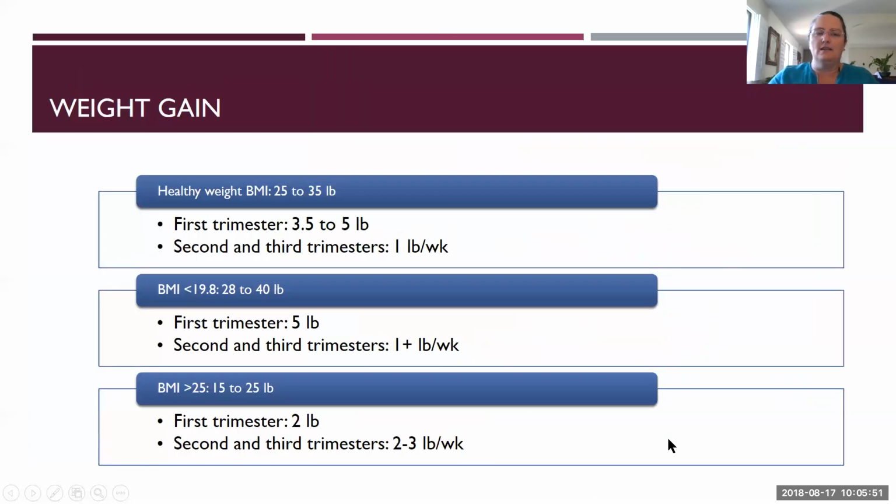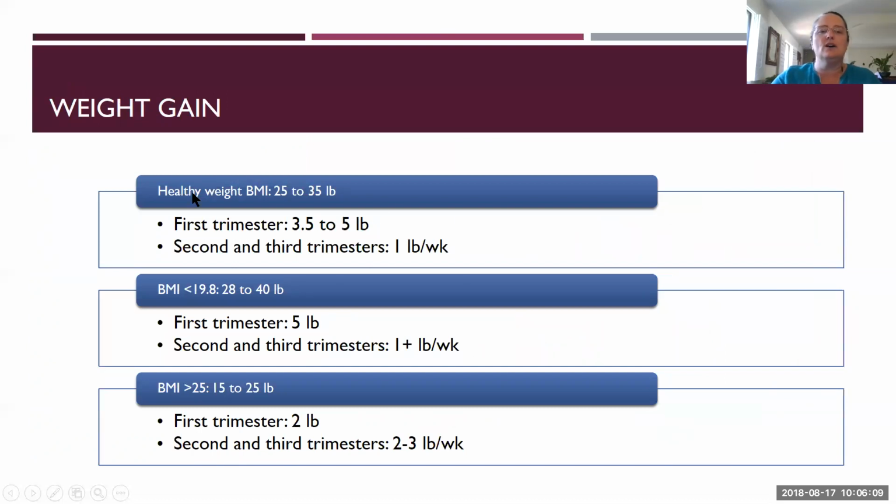Healthy weight gain is going to be based on what the mom's BMI is at conception. And we're seeing so much research about the obese patient that's getting pregnant and the different problems and concerns that we're having during pregnancy and during labor and delivery, and even to the fetus afterwards.